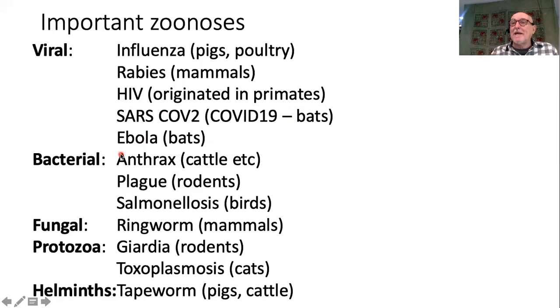Bacterial diseases, there are also many where there are animal reservoirs. And many of these may be actually quite well tolerated by the animal reservoir, but we can suffer very intense illness with a very high mortality and certainly a high morbidity from many of these diseases. For example, anthrax is caused by a bacterium called Bacillus anthracis.